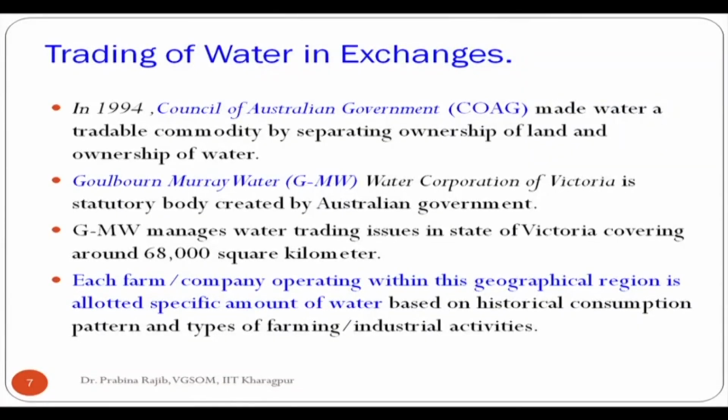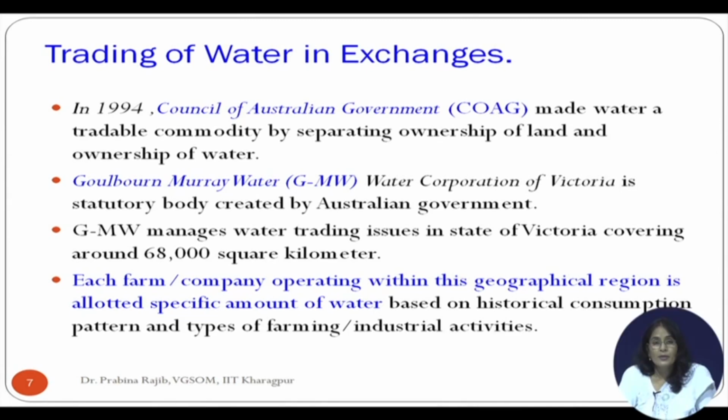In this case, the Council of Australian Governments created a corporation called Goulburn-Murray Water Corporation of Victoria. It became a statutory body created by the Australian government, and GMW managed the water trading in the state of Victoria, covering around 68,000 square kilometers.